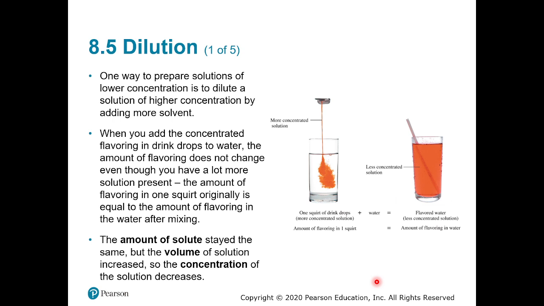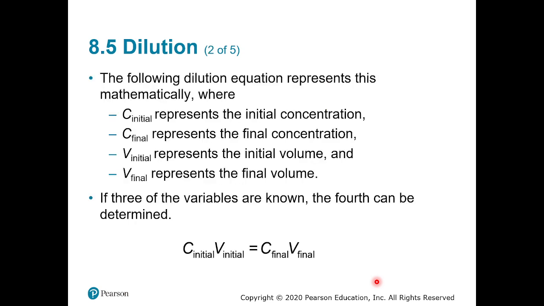Another way of thinking about this is all of these numbers had the solute on top, and then the bottom was always some sort of volume or amount of solvent, or total solution. And so if you increase the number on the bottom, the overall number gets smaller, doesn't it? So this right here is actually the formula for dilution.